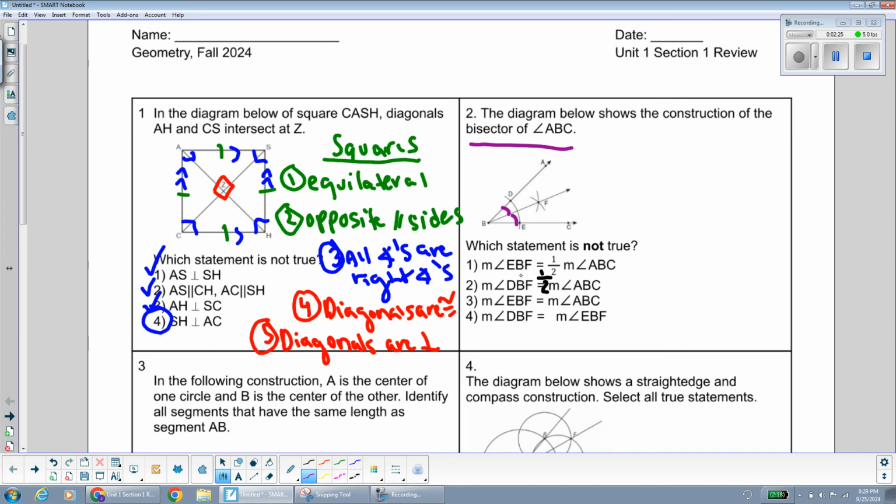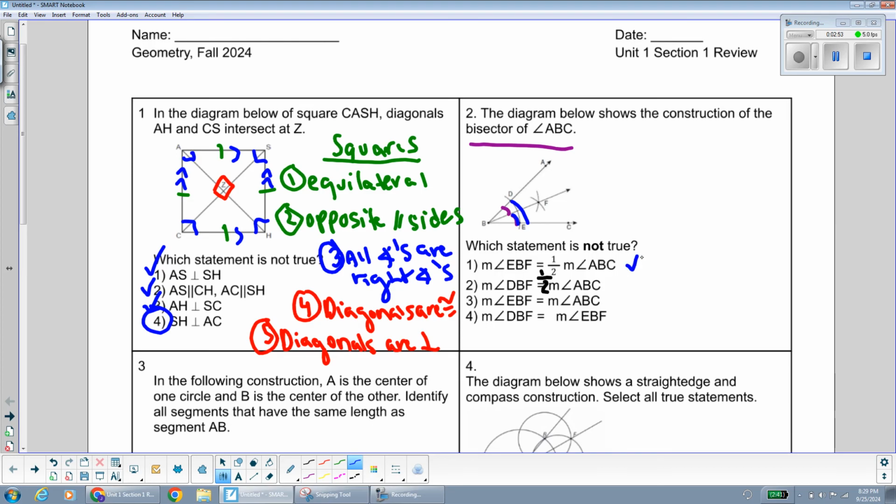Measure of angle EBF. That is this one here. E to B to F, right here, is equal to measure of angle ABC. ABC is the whole big angle, A, B, C, B in the middle. So the vertex is at B. So this is half of this.